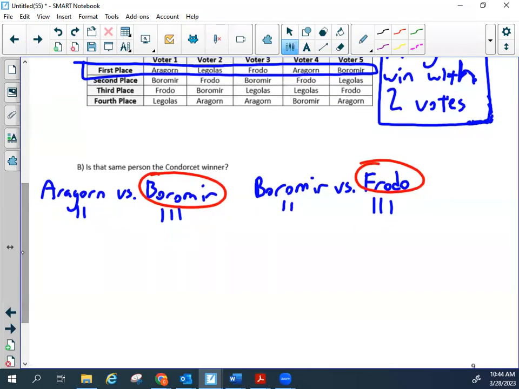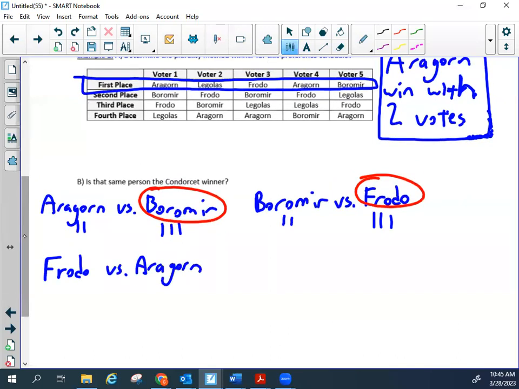So now I'll do Frodo versus Aragorn, because we remember he has to go back and beat everyone. And I see here that Frodo ends up winning 3-2. So Frodo's beaten Boromir.